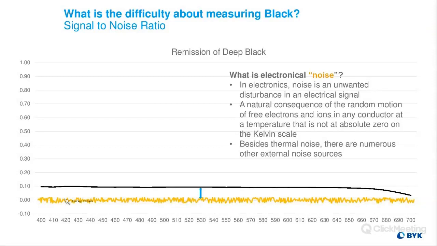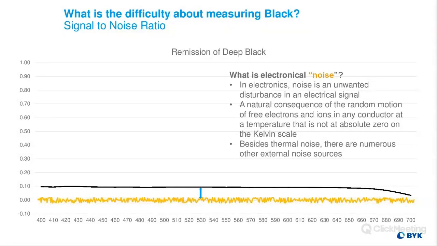And the problem is for black colors, when you're dealing with lighter colors, chromatic colors or whites or grays, the reflectance is high enough, the signal is high enough, that the amount of noise is negligible compared to the amount of reflectance being measured.